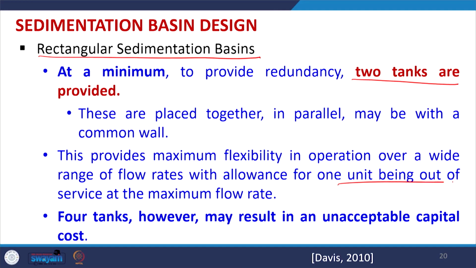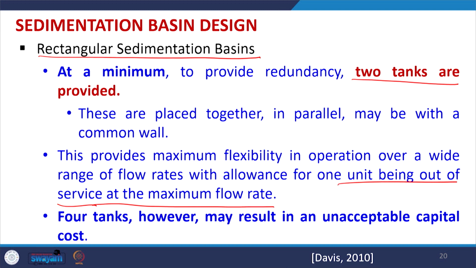This provides maximum flexibility in operation over a wide range of flow rates, with allowance for one unit being out of service at the maximum flow rate. It is possible that in one unit a lot of sludge has been captured and sludge removal has to take place. Under those conditions one may be out, so another may be used.